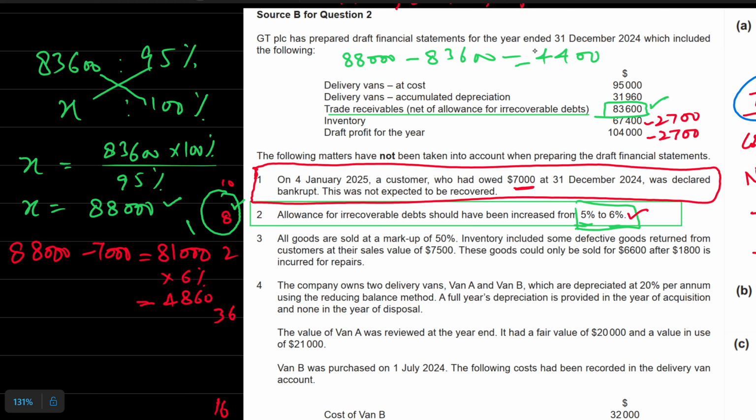Previously the provision was calculated as 4,400, while according to the new estimate it should be 4,860. So provision is increased by 4,860 minus 4,400. So students, this is 460. This is an increase in provision and profit will be decreased.